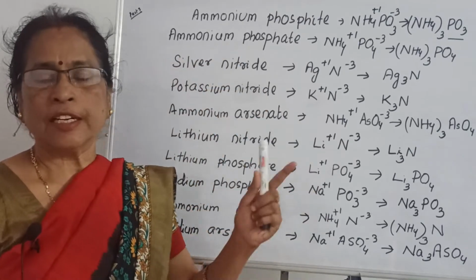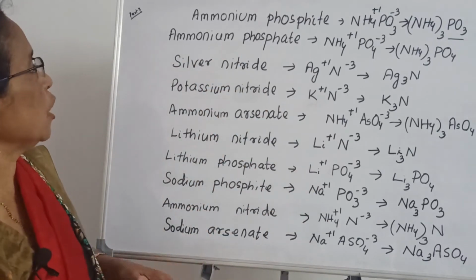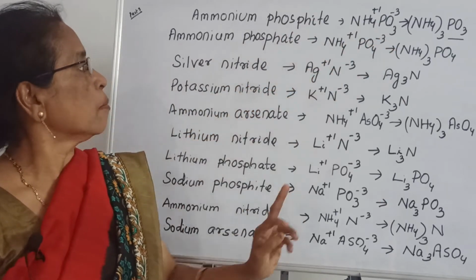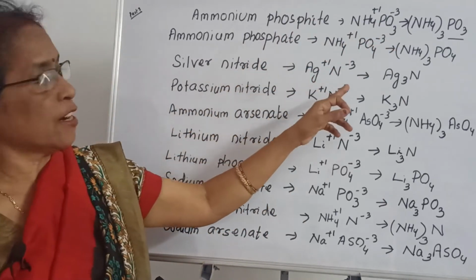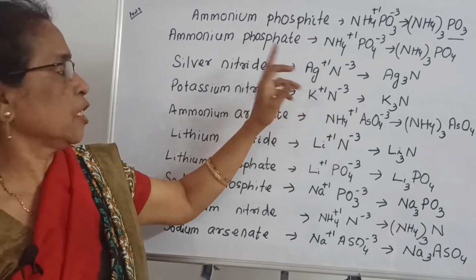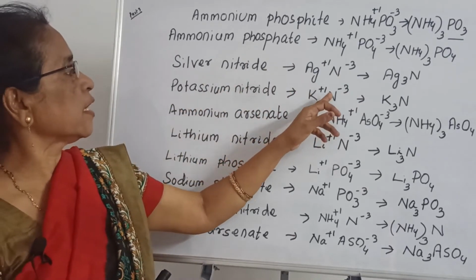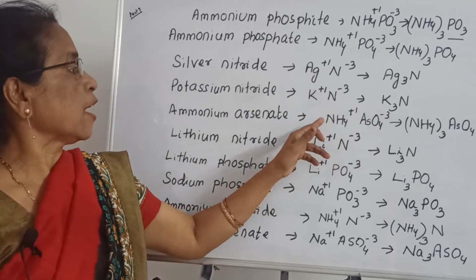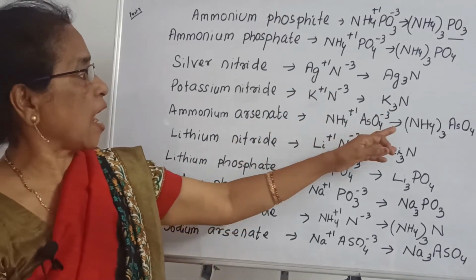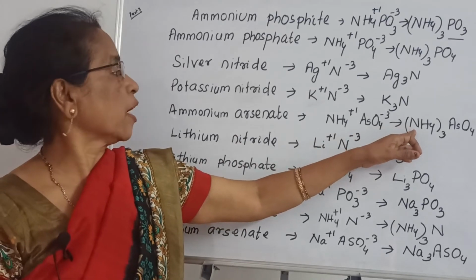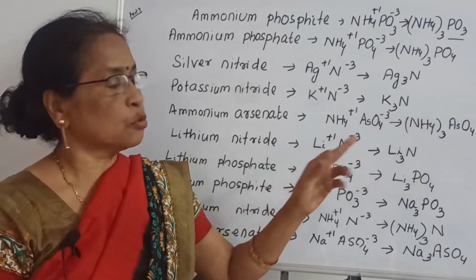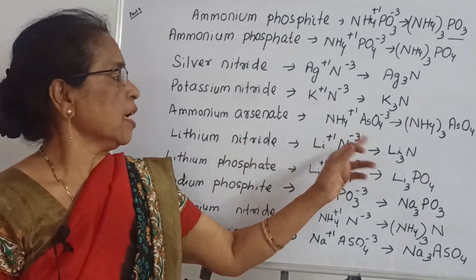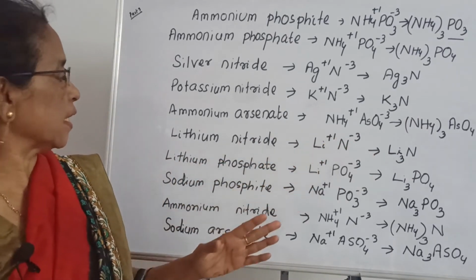Monovalent cation, trivalent anion. Again see, phosphite means PO3 minus 3, phosphate means PO4 minus 3, nitride N minus 3, where silver is plus 1. Arsenate is minus 3, but AsO4 is a combination of many atoms, it is a polyatomic ion, so you should put it in brackets. Lithium nitride, Li plus 1, N minus 3, so Li3N.